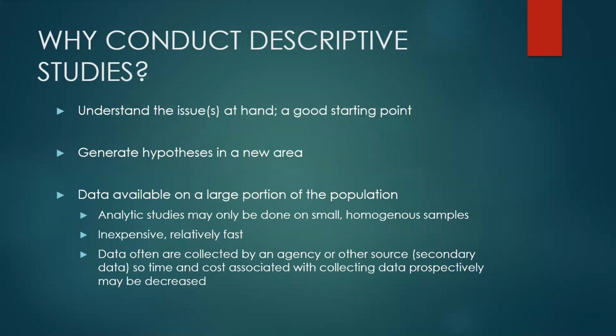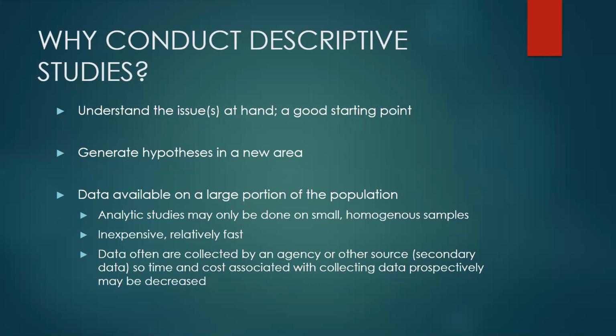Even if you do think cross-sectional studies are only really useful from a descriptive perspective, we still do them because they are, again, a good starting point, just like descriptive epidemiology more broadly is. They can help us generate hypotheses, especially in new areas where we don't have a lot of data. And oftentimes we can make use of existing data.